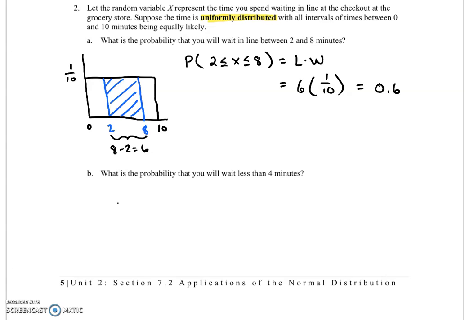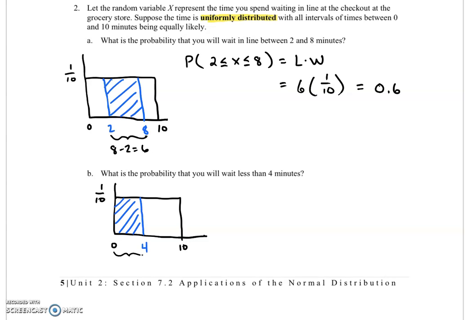Okay, what's the probability we'll wait less than 4 minutes? So we have the same uniform distribution. Less than 4 minutes is that. And the length here is 4.